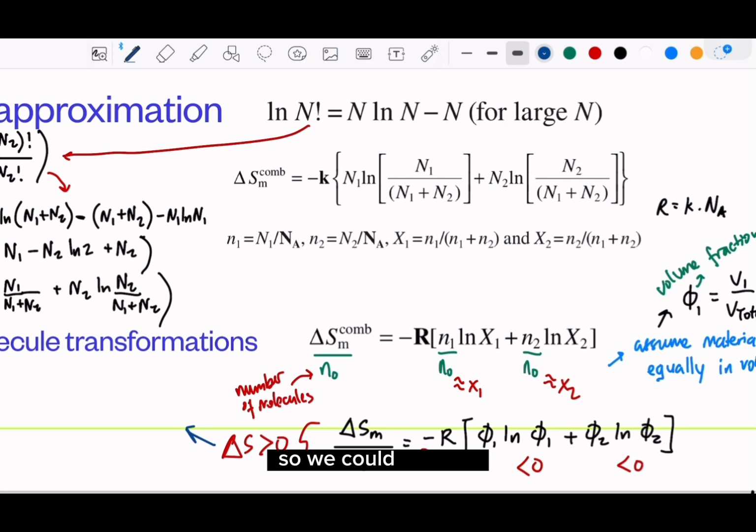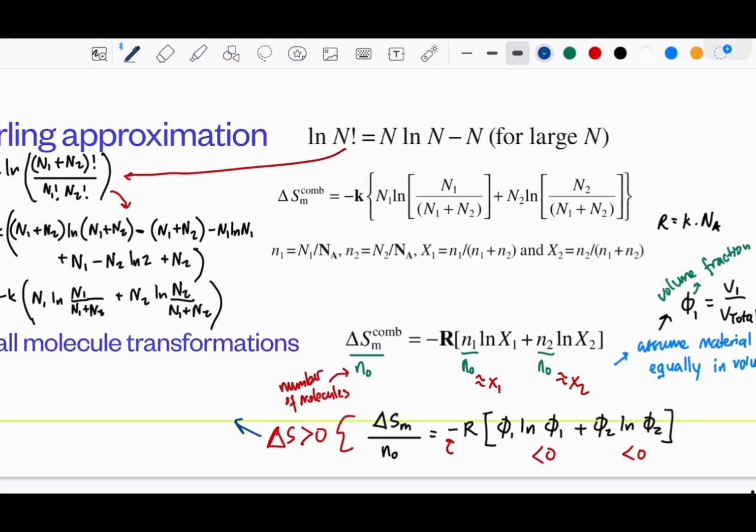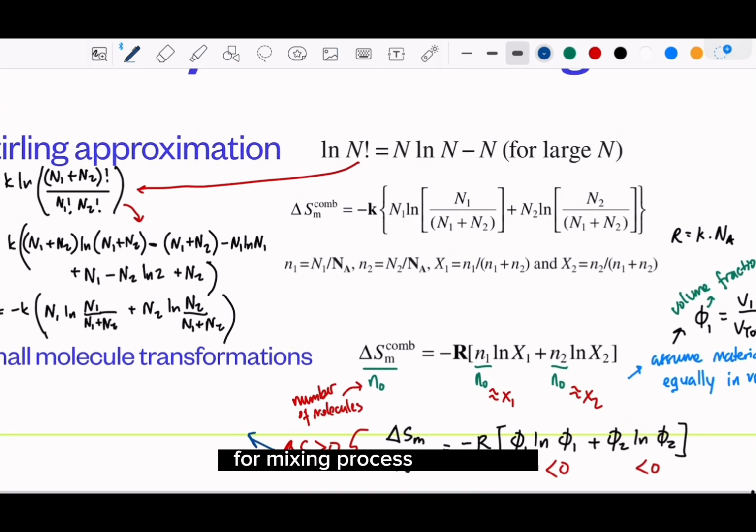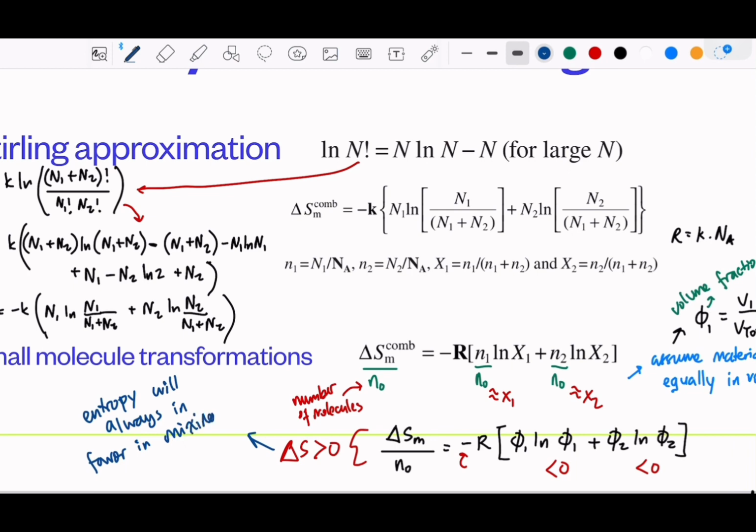So we could say that for mixing processes, entropy will always be in favor of mixing. Okay, this will be very important.